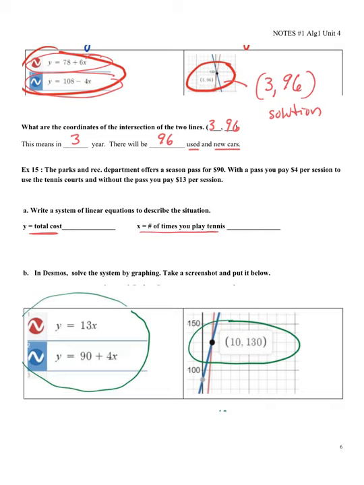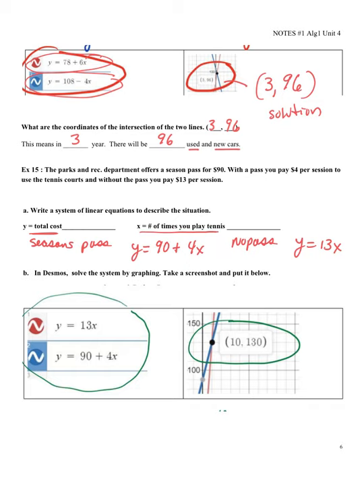So if you have a season's pass, you have to pay that initial $90, and then it's $4 every time you use the tennis courts. If you don't have a pass, there's no initial fee and you just pay $13 every time.